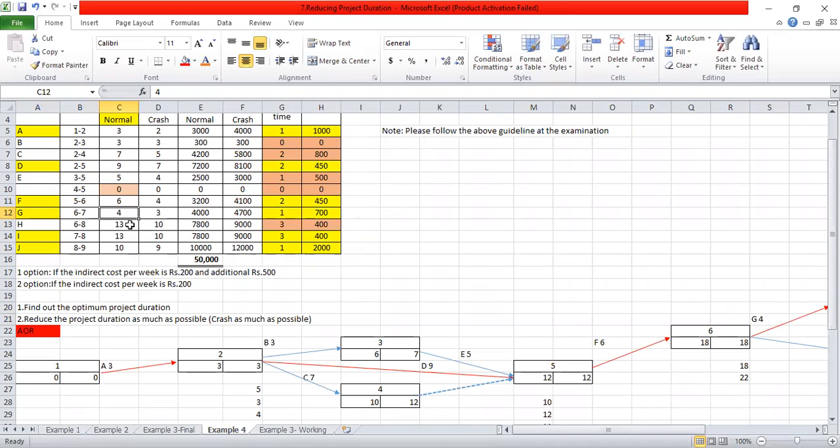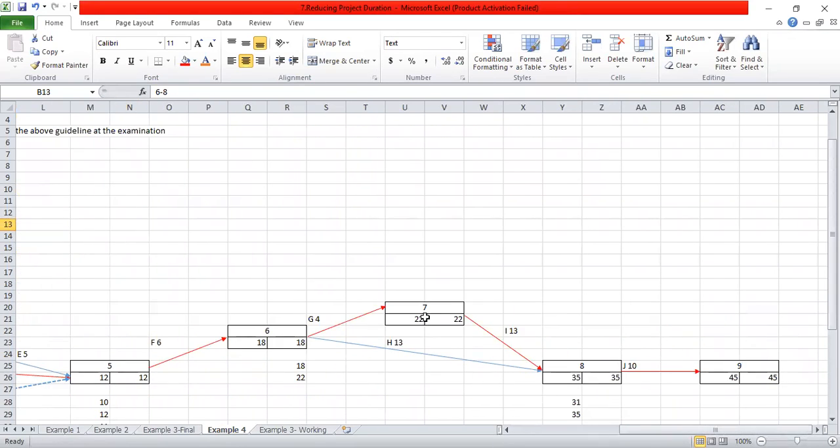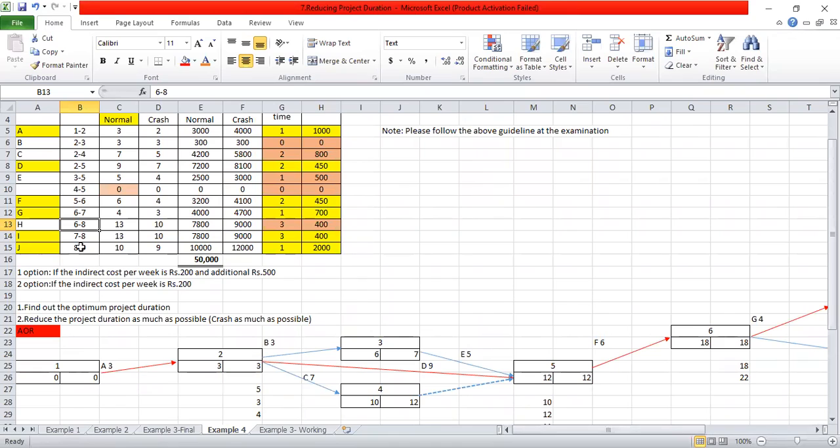For 6 and 8, the H activity has a duration of 13. The next one is 7 and 8, the I activity. Normal time is 13.